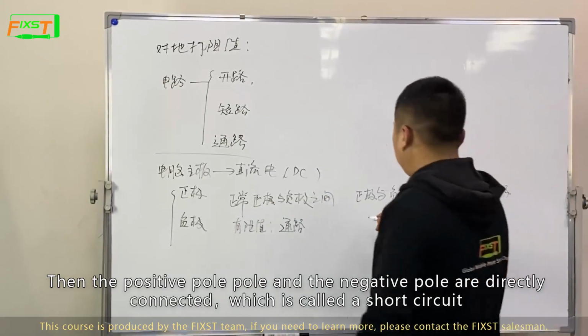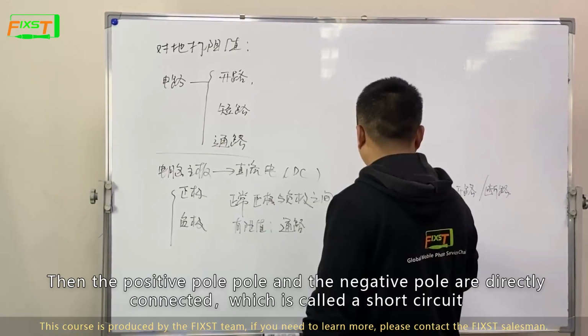Then if the positive pole and the negative pole are directly connected, it is called a short circuit.